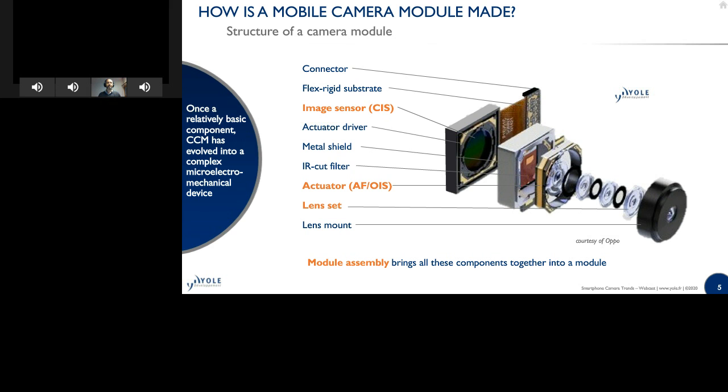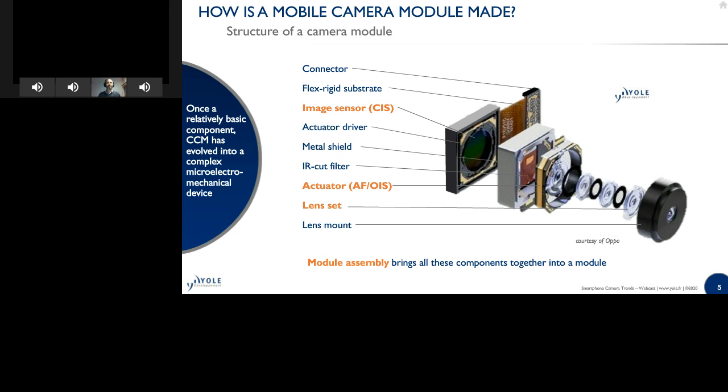And on top of that, actuators, actuator drivers, which is also a semiconductor chip, metal shields, IR cut filters, which is also asking for layer depositions, and we will have today a description from Benck of some of the tools that are being used for such.